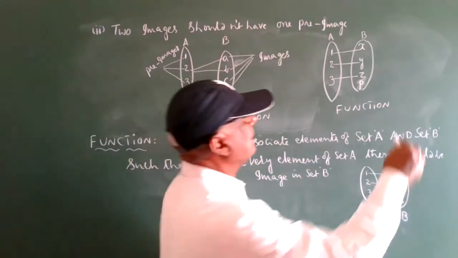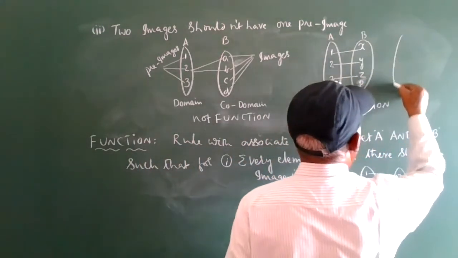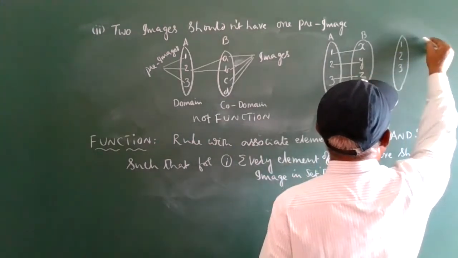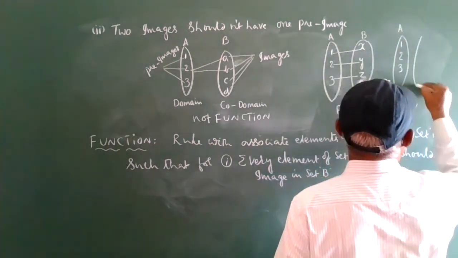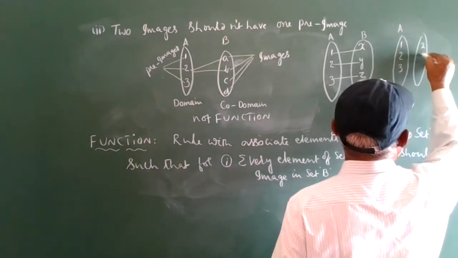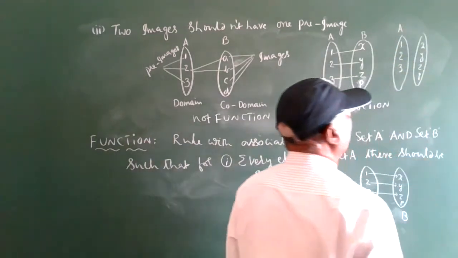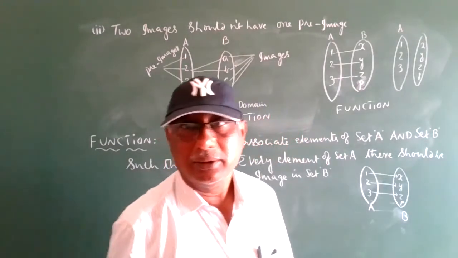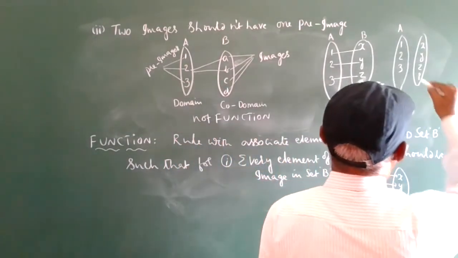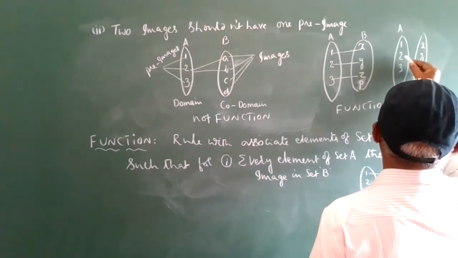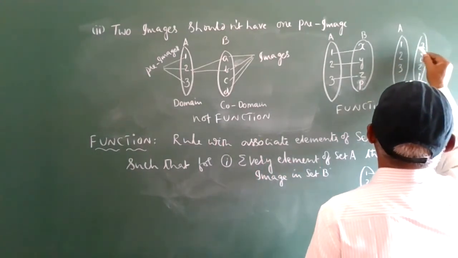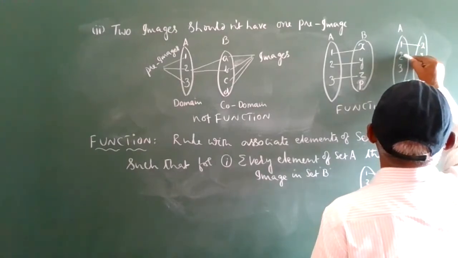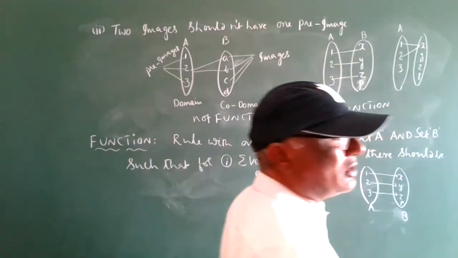Okay? All right. See one more example. 1, 2, 3 is the A set and the B set is X, Y, Z, P. Here, 1 and 2 elements have the same image.